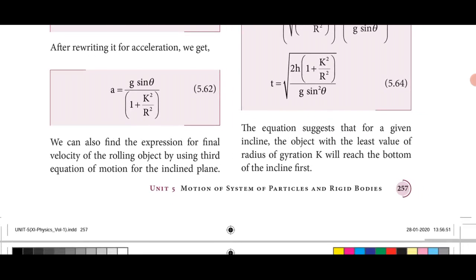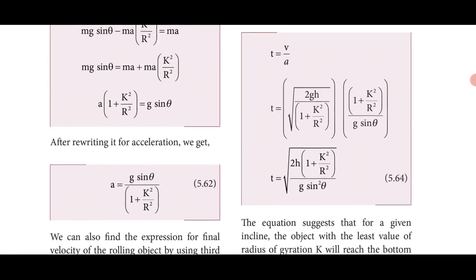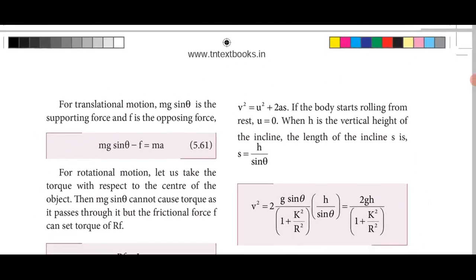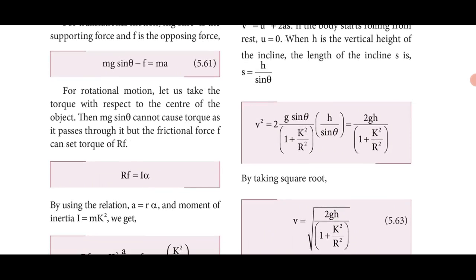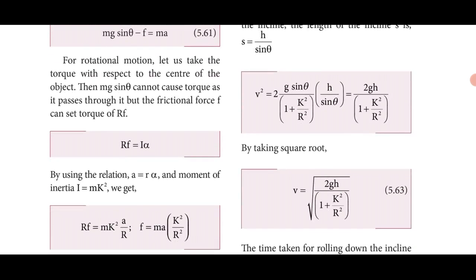We can also find the expression for the final velocity of the rolling object by using the third equation of motion for the inclined plane, that is v square is equal to u square plus 2as. If the body starts rolling from rest, u is equal to 0. When h is the vertical height of the incline, then the length of the incline s is equal to h by sin theta.